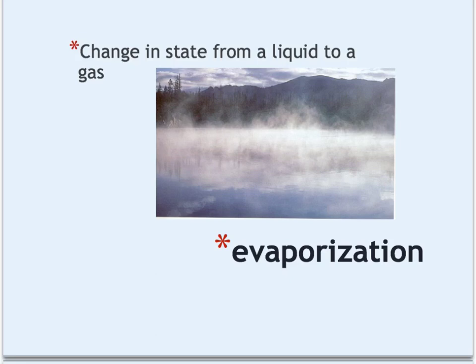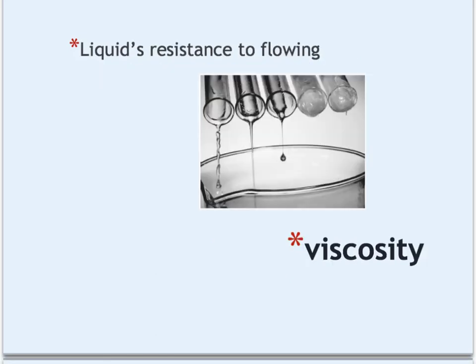Evaporation or vaporization, our book uses both, is the change in state from a liquid to a gas. As you can see here, we have evaporation taking place on this pond or lake. Viscosity. I always thought this is a great picture for viscosity. It's a liquid's resistance to flowing.